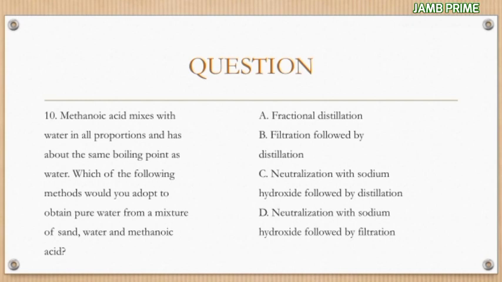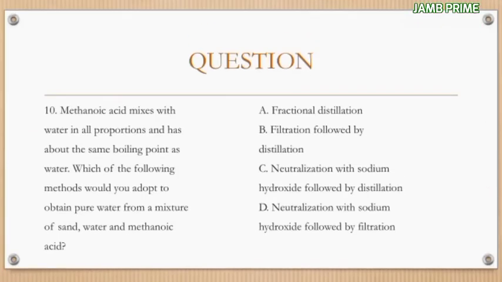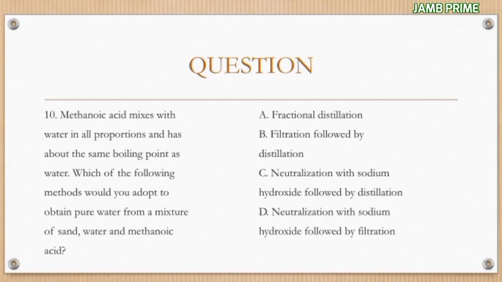Number one, we have fractional distillation. Two, we have filtration followed by fractional distillation. Three, we have neutralization with sodium hydroxide followed by distillation. Let's see which is the correct answer. I told you about boiling point just now, but let's see more details.